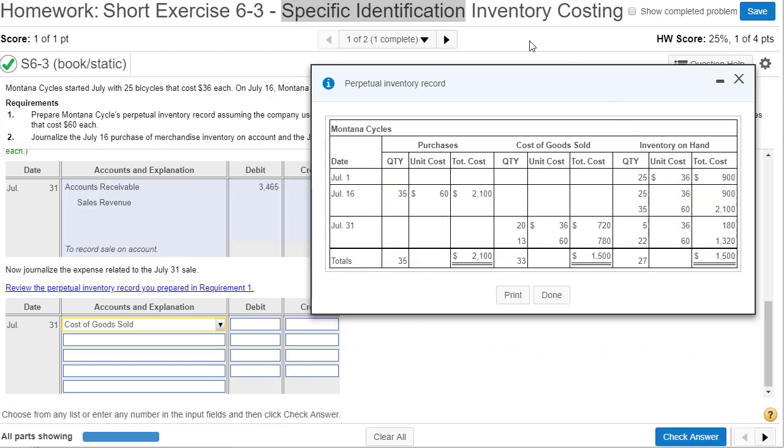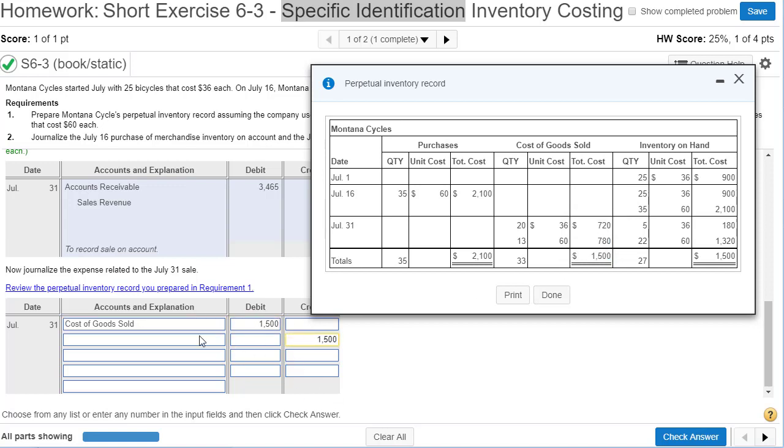Now, using our table, where does it show our cost of goods sold for the July 31st sale? Well, here's July 31st, and we have two numbers for cost of goods sold. We have to add those numbers up, which turns out to be $1,500.